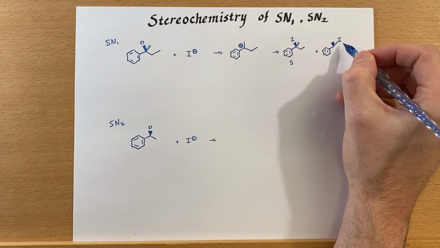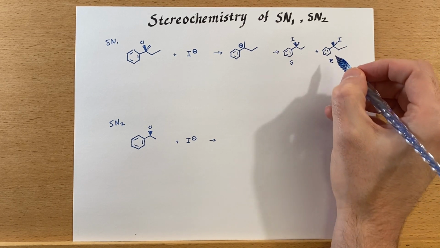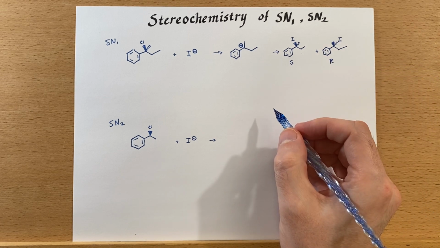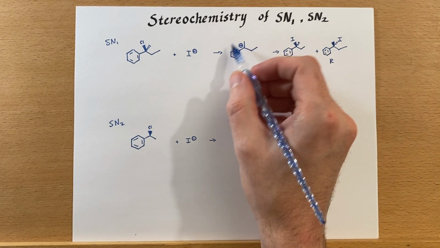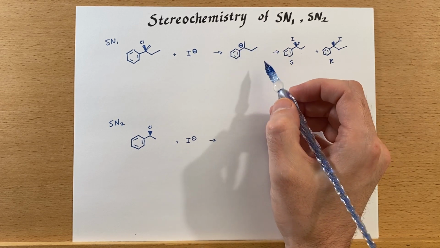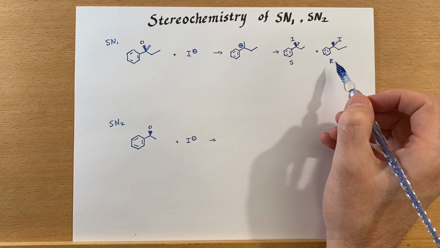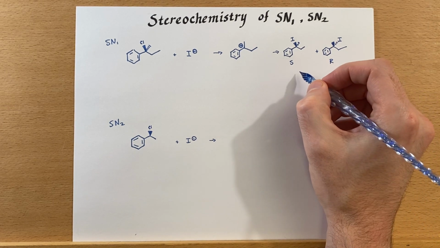The iodine is going to be coming from the other side. And here's the R enantiomer. Now, there's nothing in this particular molecule to differentiate from one side or the other. And so we'll get a 50-50 mixture or a racemic mixture of these two.